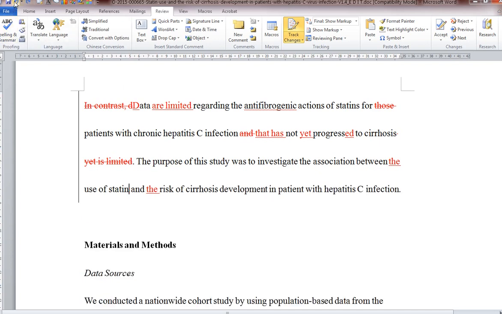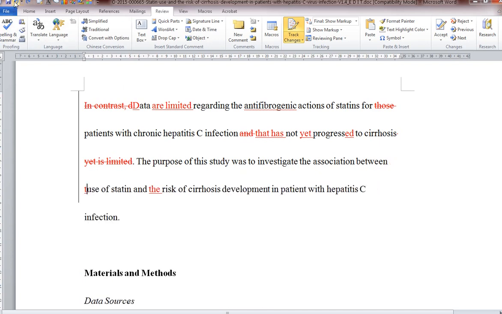Not really a problem, but what I had before was more concise. Between statin use and the risk of cirrhosis development. Okay. Now here, statin is used as an adjective, so I do not need the plural marker. Okay, in patient with. Okay, patient must be plural in this context. With hepatitis C infection. Okay.